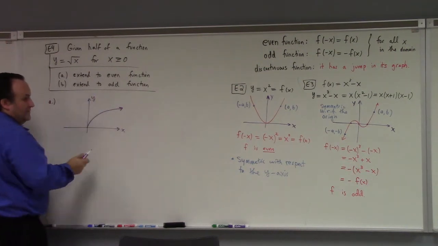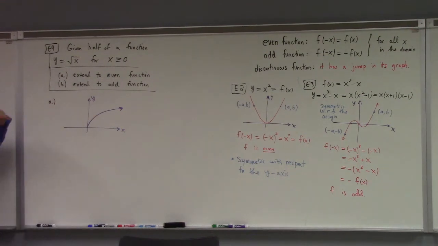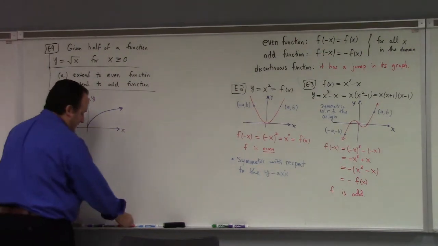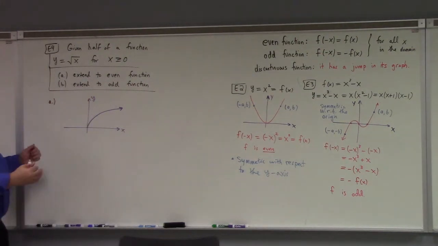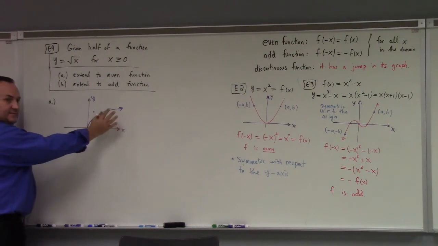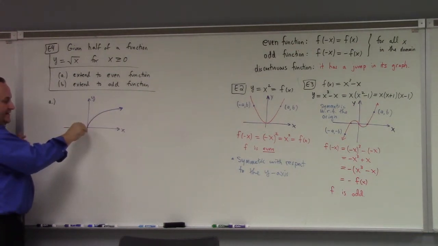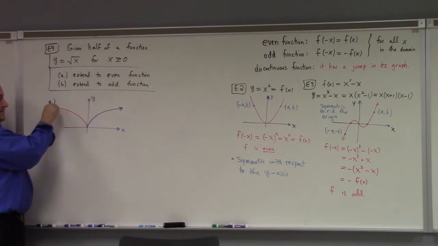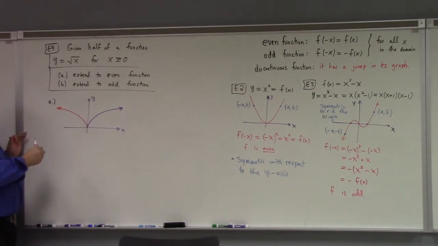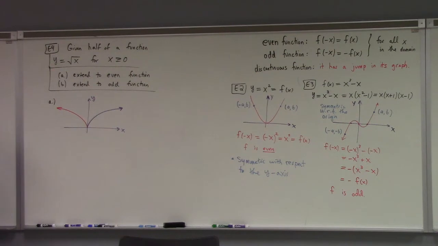What's that mean? I need to pair this with something more to make it an even function. So what's missing? If I want my whole function to be even, what do I need to add to this? I need to reflect it across the y-axis. So what I should add would be this guy. Now that, in total, is the graph of an even function.